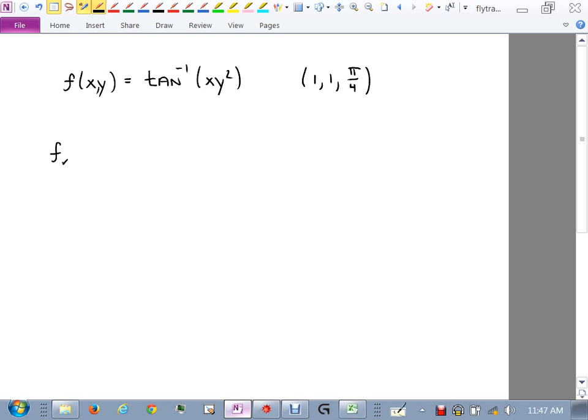The partial of f with respect to x. I'm not going to write x, y in parentheses there. We said it was 1 over 1 plus whatever was in there, so xy squared, but squared. So x squared y to the 4th times the derivative of what's in here, which is a product rule, right?